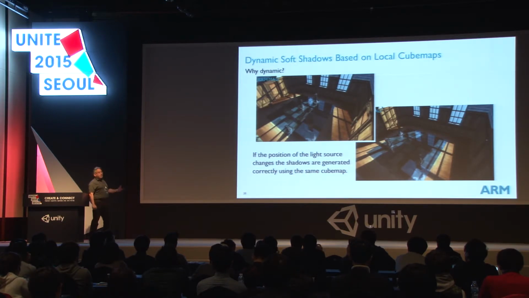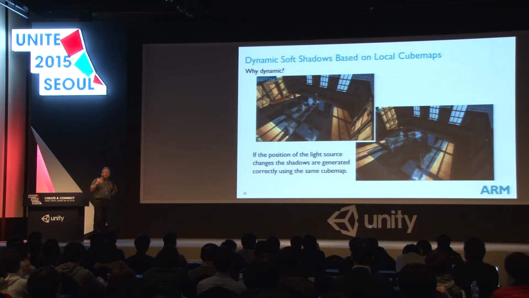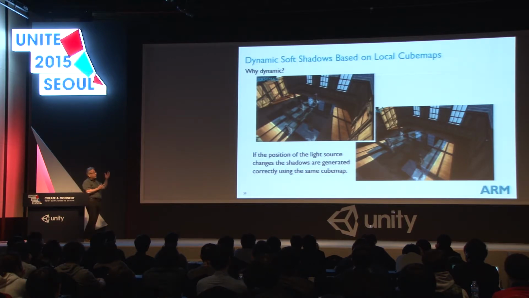And this technique can produce dynamic shadows, because if we pass to the shader the position of the light as a uniform, when the light changes position, the vector from the vertex to the light position will be updated automatically, and the shadow will follow the real position of the light and produce the correct shadows for a given position of the light, and according to the geometry of the room, in this case, the light is passing through the windows.